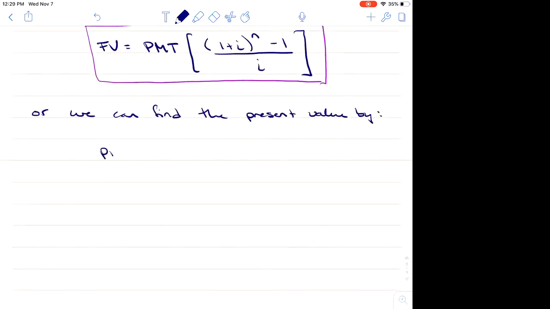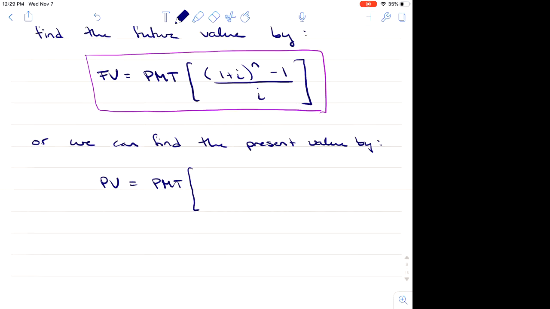The present value is the payment amount. It's going to have a similar setup, right? But things change in these big brackets where we have 1 minus (1 plus i) to the negative n, over i.